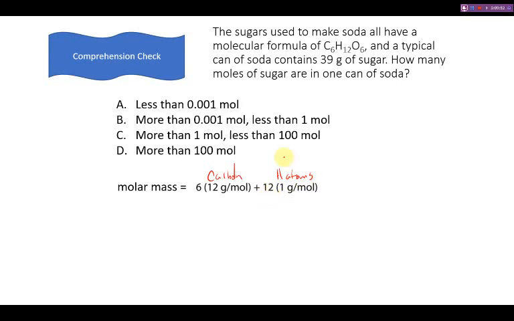So this is 12 hydrogen atoms, and each one weighs 1 gram per mole. And then add to that the molar mass of oxygen atoms. And there's 6 oxygen atoms in the molecule. That gets us a total of 180 grams per mole.